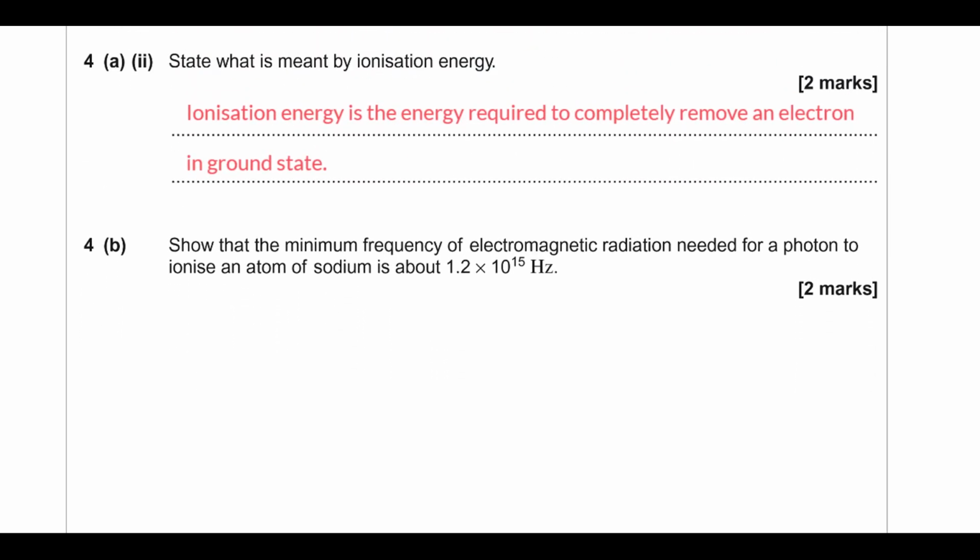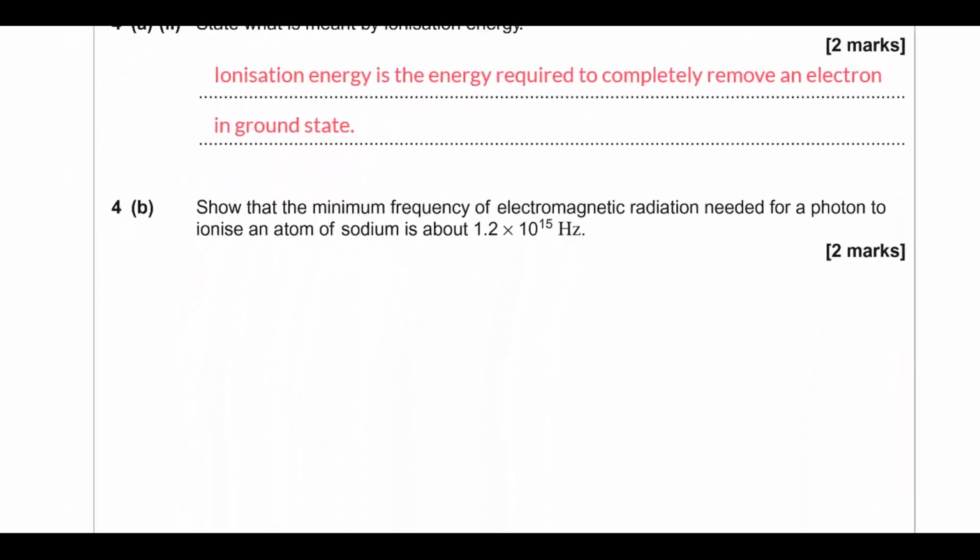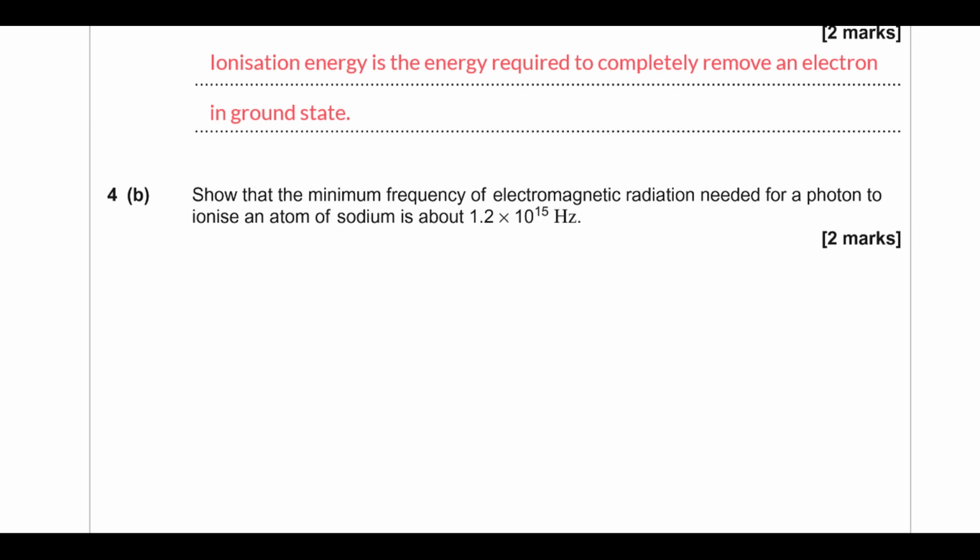Show that the minimum frequency of electromagnetic radiation needed for a photon to ionize an atom of sodium is about 1.2 times 10 to the 15. So we have the ionization energy 5.15. So let's first convert that into joules.